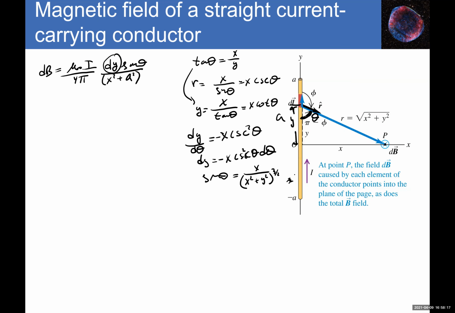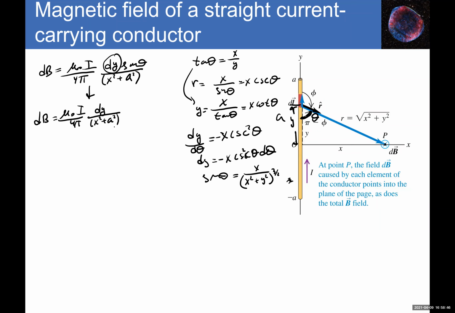That means if I go here and continue, then I can say dB is equal to mu naught I over 4 pi. Then what I have is just basically dy, then sine of theta over, for example, x squared plus a squared.